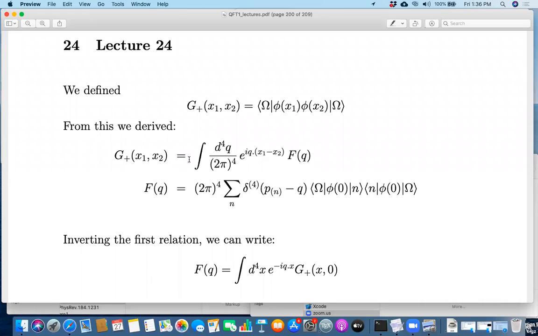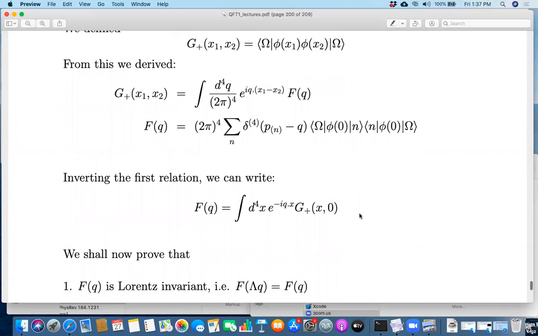G plus x1, x2 is given by a Fourier transform of some function f of q. And f of q is given in this line, where you have a sum over a complete set of states in the theory, and then you have a delta 4 of Pn minus q, and then this matrix element.